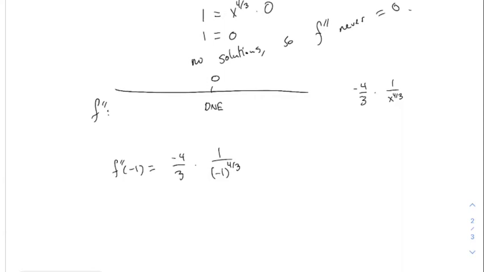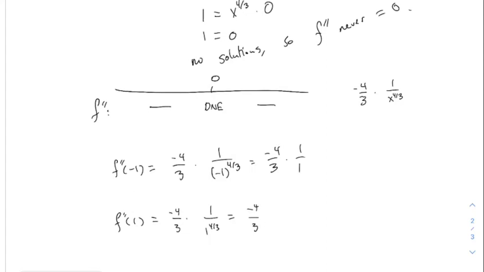So that denominator ends up being +1. So this is negative 4/3 times 1 over 1, which is negative. So the sign on the left is negative. And then on the right side, I am using +1: negative 4/3 times 1 over 1 to the 4/3. That's just 1 in the bottom, so this is negative 4/3, and so that's negative also. And that's the end of that chart.